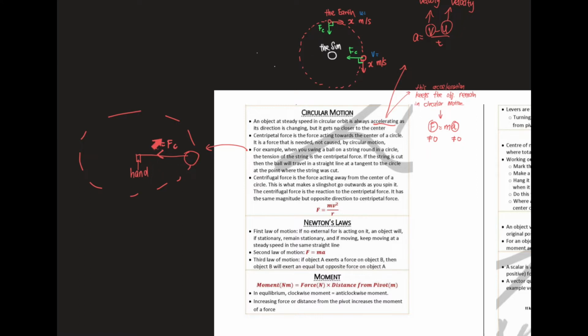That means when the ball is here, you cut the string, then the ball will not remain in circular motion. It will move in a direction which is tangent to the circle, as you can see here. So that is what they are saying there.